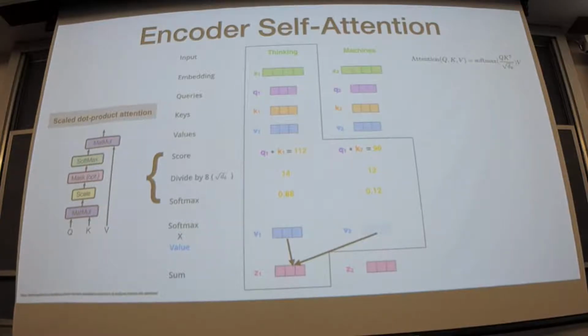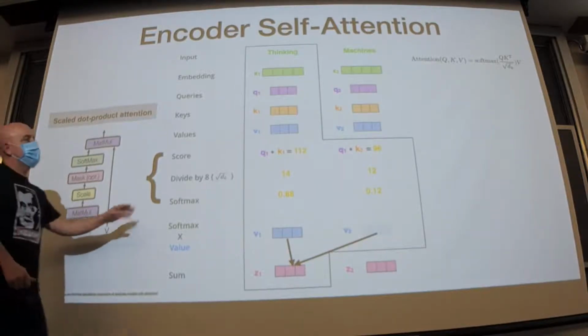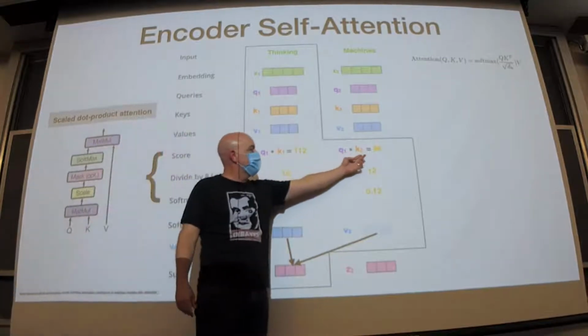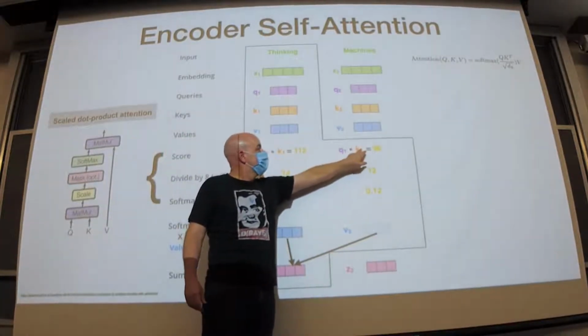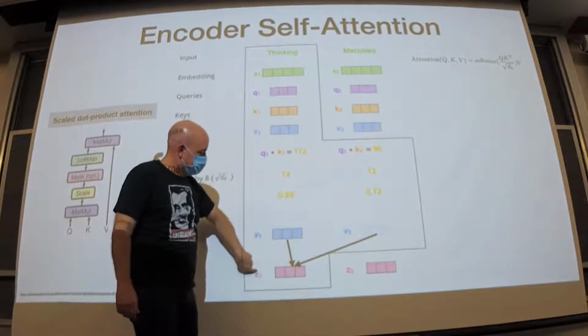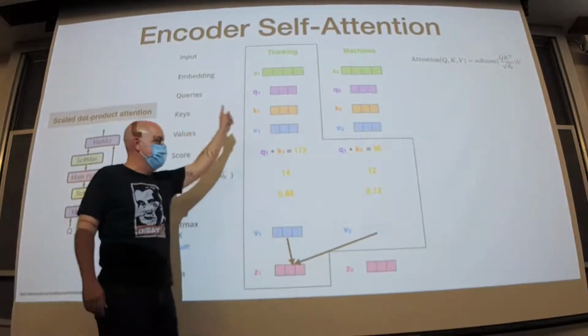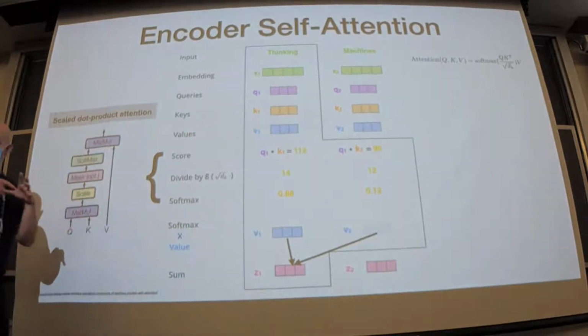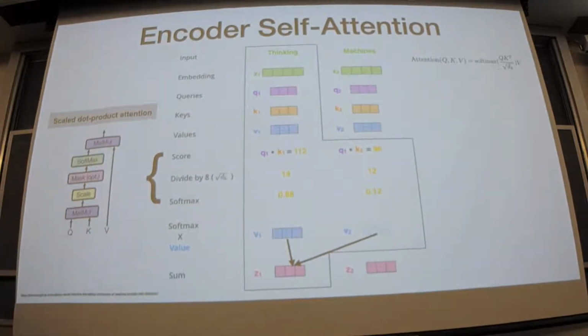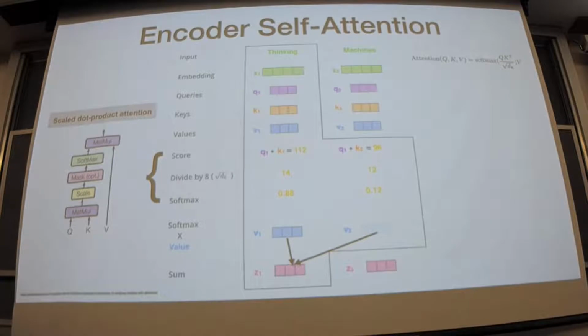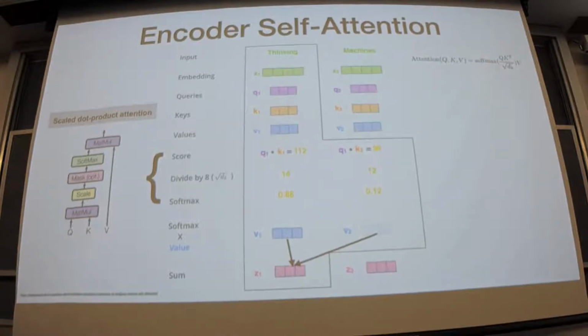The question was asked, why can I use information about the second token here, that's K2, in creating the encoding for the first token? When we've been looking at recurrent neural networks up to this point, everything's been done sequentially.